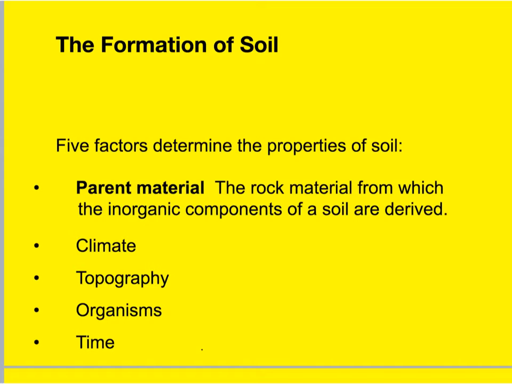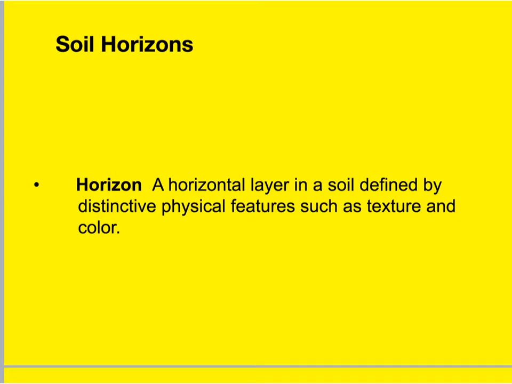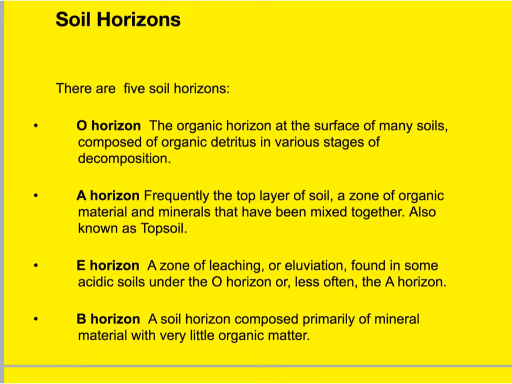As soils form, they develop a characteristic horizon, which is the horizontal layers. They're very distinct physical features like color, texture, specific composition. So, with these horizons or characteristics of soil, there are 5.